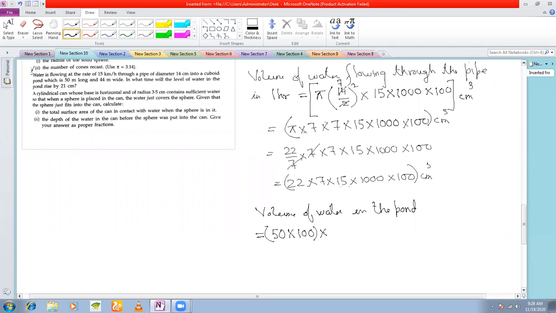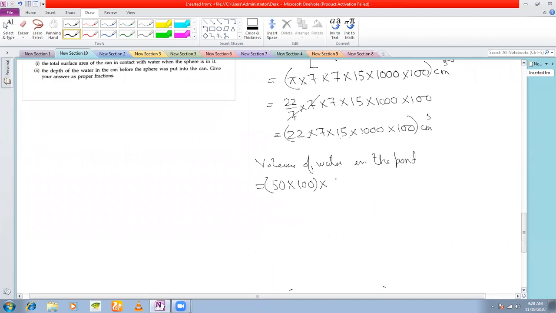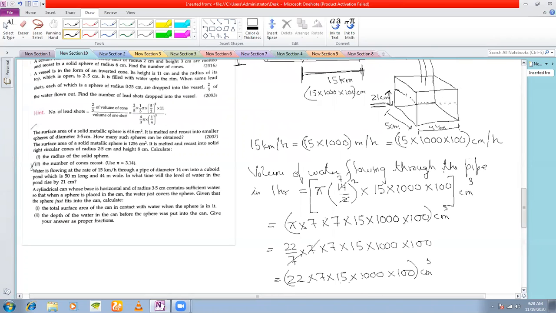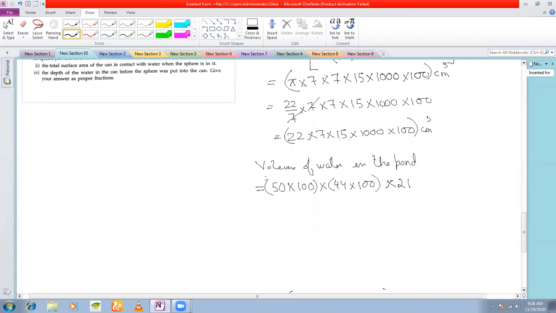Breadth is also given, 44 meters, convert to centimeters. Only height is 21 centimeters. So this is the volume of water in the pond after the water has flowed from the pipe into the pond. Now this much volume of water is flowing in 1 hour.